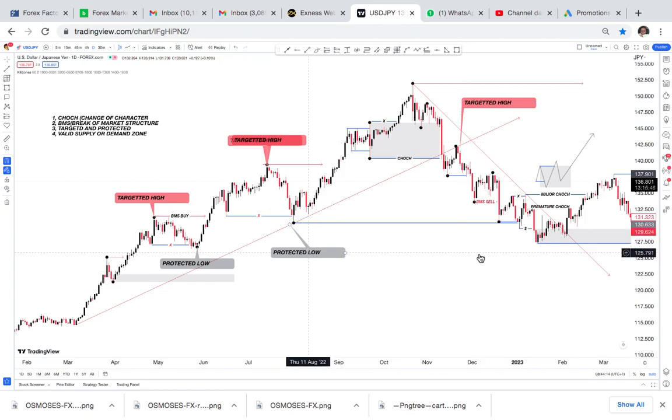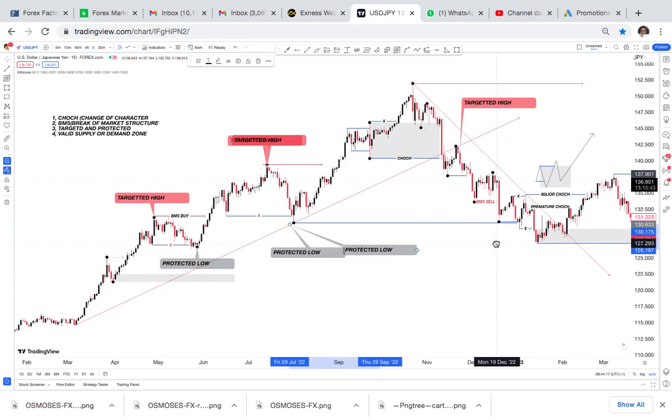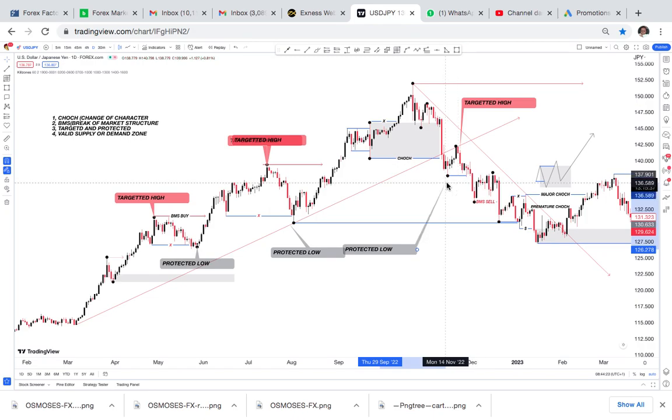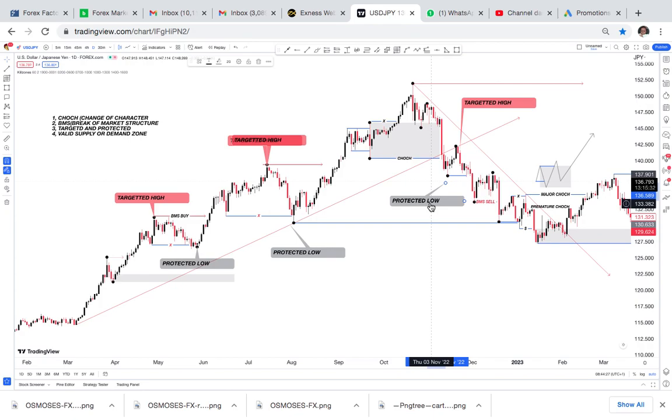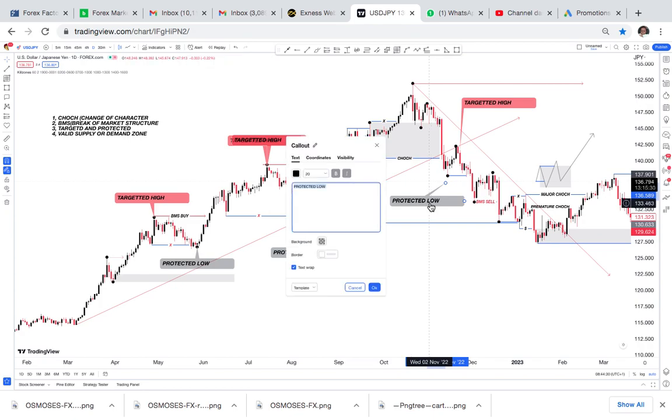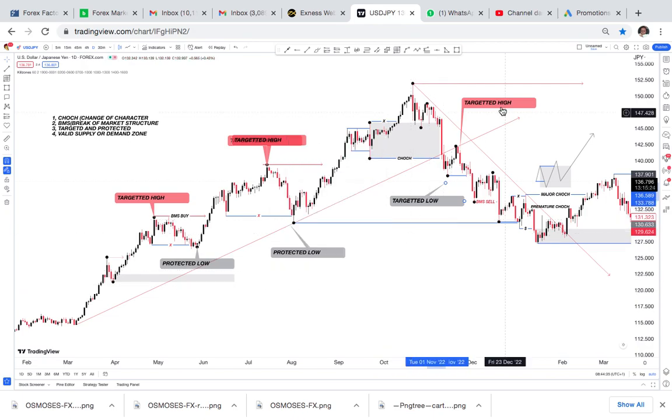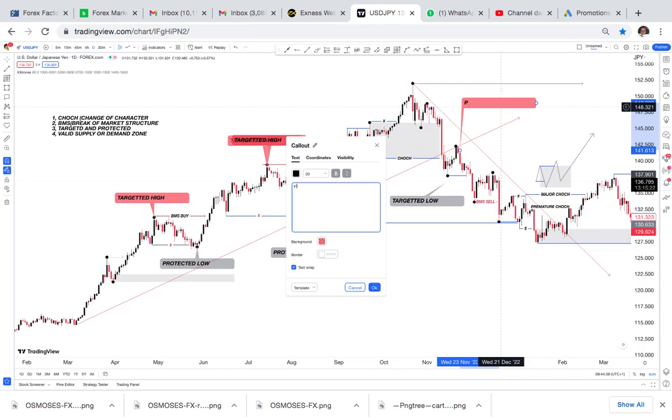I just want to bring one here so that I can explain. So this becomes normal protected on the bearish trend, it becomes targeted low and protected high.